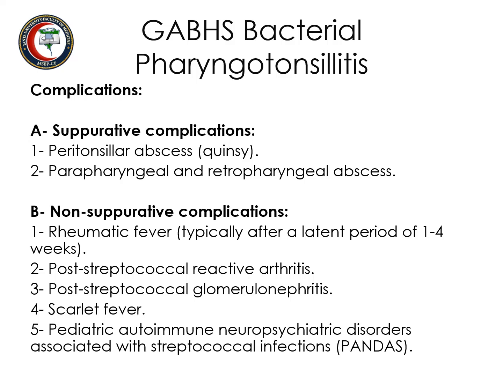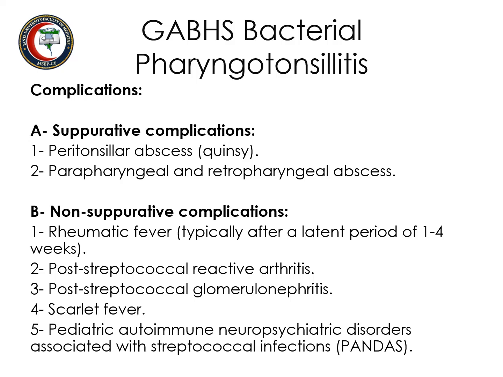Or it might rupture through the superior constrictor muscle into the parapharyngeal space, so the patient will develop a parapharyngeal abscess. Or it might spread through the lymphatics to the lymph node funnel in the retropharyngeal space, and if this ruptures with pus accumulation in the retropharyngeal space, the patient will develop a retropharyngeal abscess.